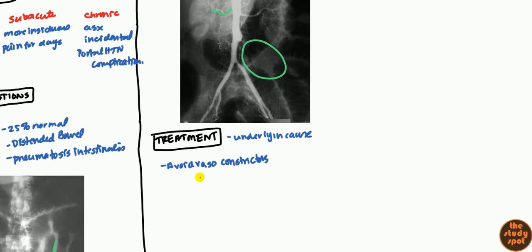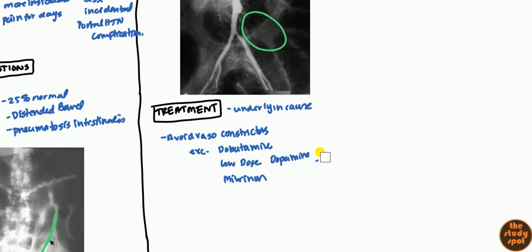So if you do have to use them, the only exceptions are dobutamine, low-dose dopamine, and milrinone. So these can be used, and this is because they have a low effect on the splanchnic vasculature, and so these are the three that can help you solve the problem of low BP and still not cause a new problem of mesenteric ischemia.